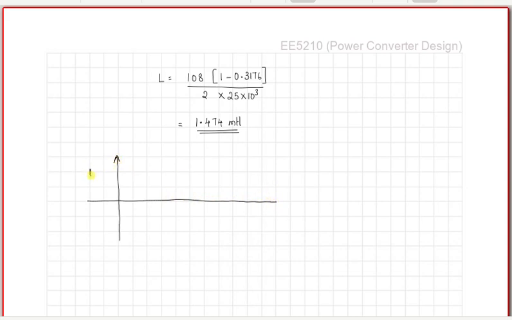Right, so this is ICT, and if you look at this waveform, it would be something like this. Let me draw it. It would be going in this fashion.